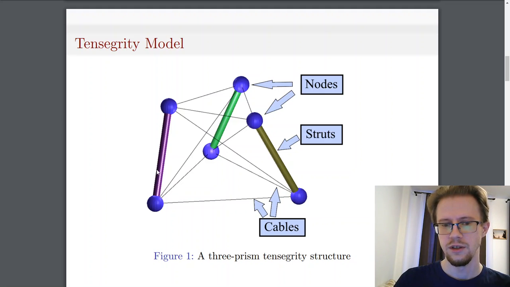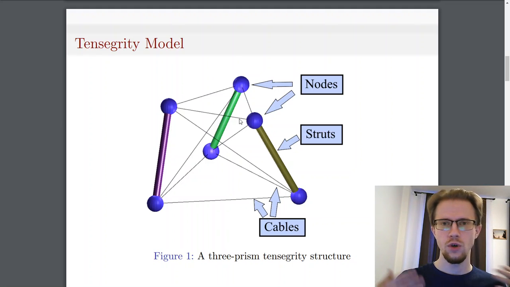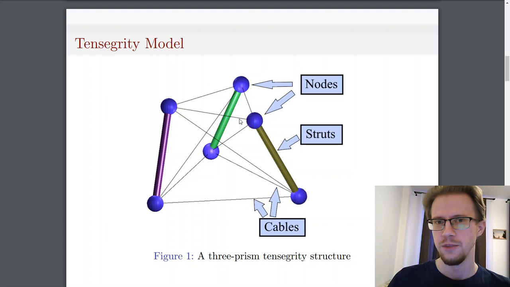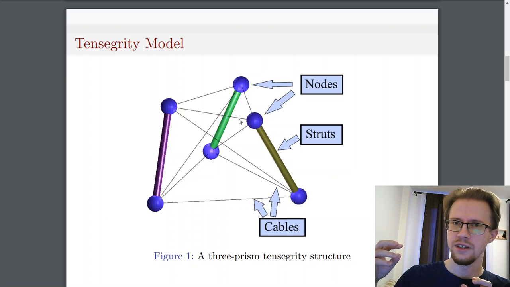Okay, here you can see on the slide rods are drawn as cylinders and there are cables. So what we can do when we talk about stiffness design is change the rest length of some of those elements. This depends on the exact robot, but for some tensegrity structures, you can control the length of the rods themselves.